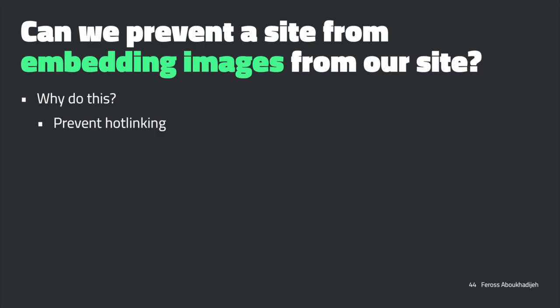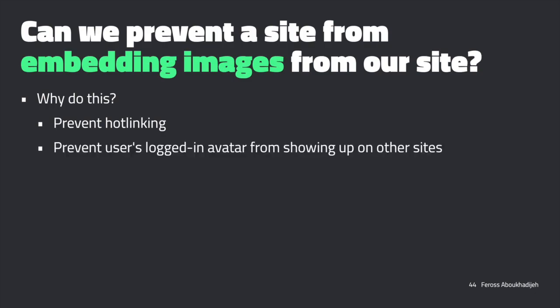Somebody made a Neopets competitor, and they are stealing all of our bandwidth because instead of making their own pets, they're using all the pet pictures on our official Neopets site. So the Neopets company now wants to prevent those images from loading. That's called hot linking, when another site links to your images and steals all your bandwidth, because now you're paying for all those requests.